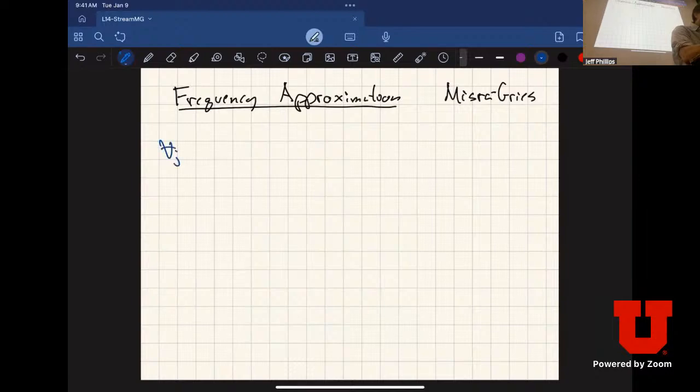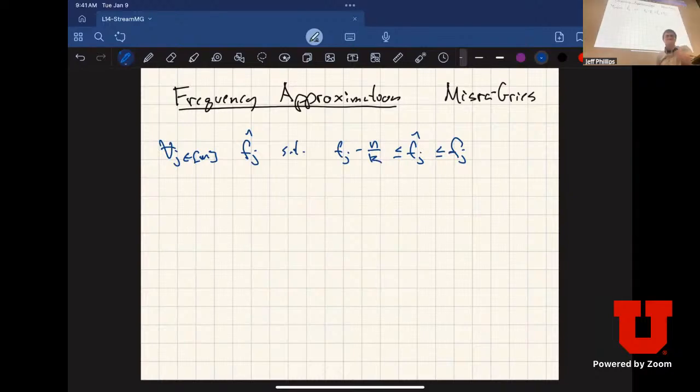The goal is going to be, for all j in M, to find a value fj hat that satisfies: it's less than or equal to fj, and greater than fj, the true frequency, minus n over k. K is going to be a parameter, like the number of samples.